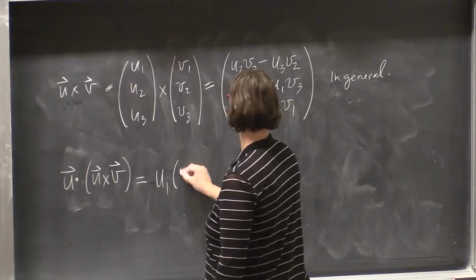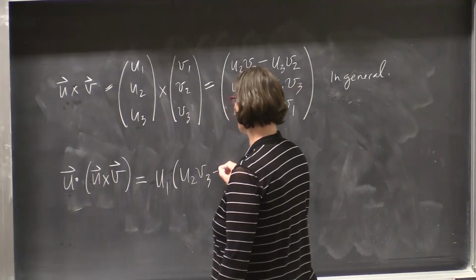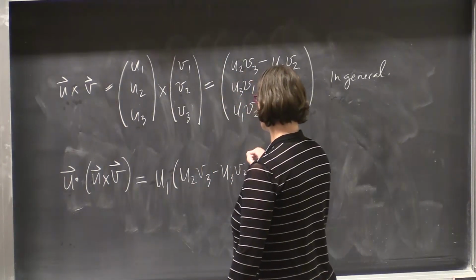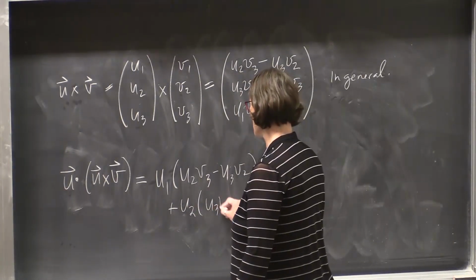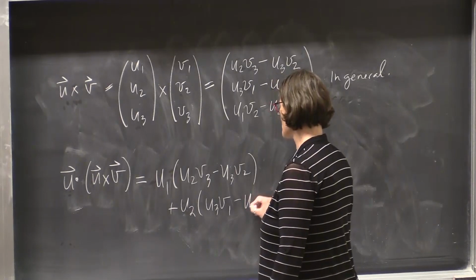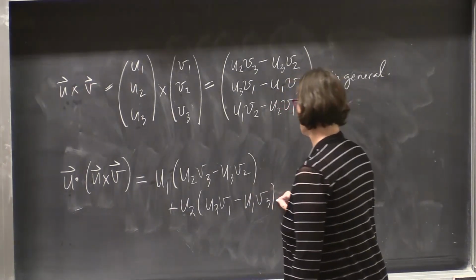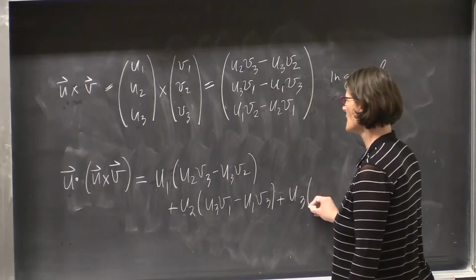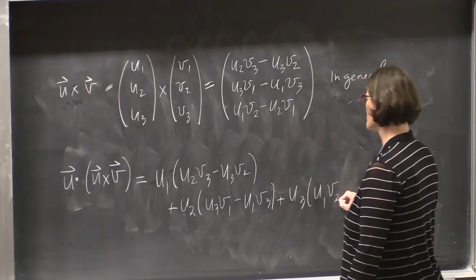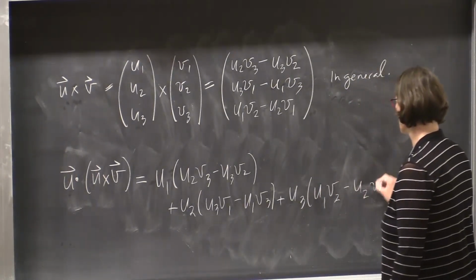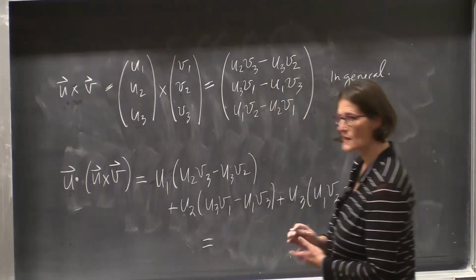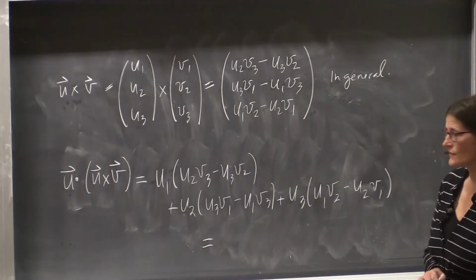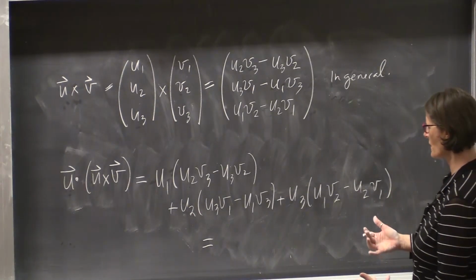So u1 times (u2 v3 minus u3 v2) plus u2 times (u3 v1 minus u1 v3) plus u3 times (u1 v2 minus u2 v1). We would like this to equal what? 0. So if I'm not lying, this equals 0.